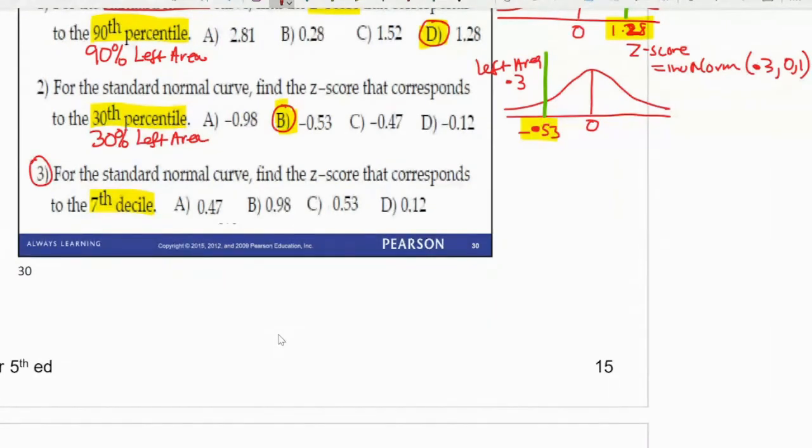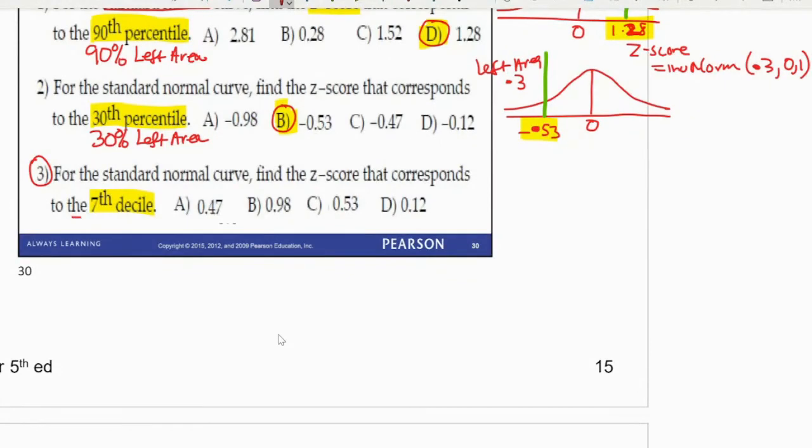So decile is what percent left area. Could someone tell me what you think the 7th decile would mean in terms of left area or percentile? Okay, so who raised a hand? Okay, Malcolm. Would that be the 70th percentile?